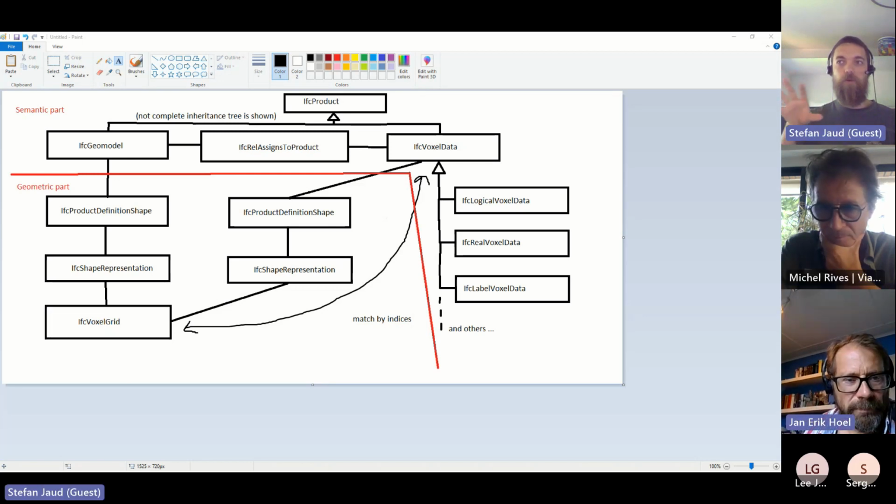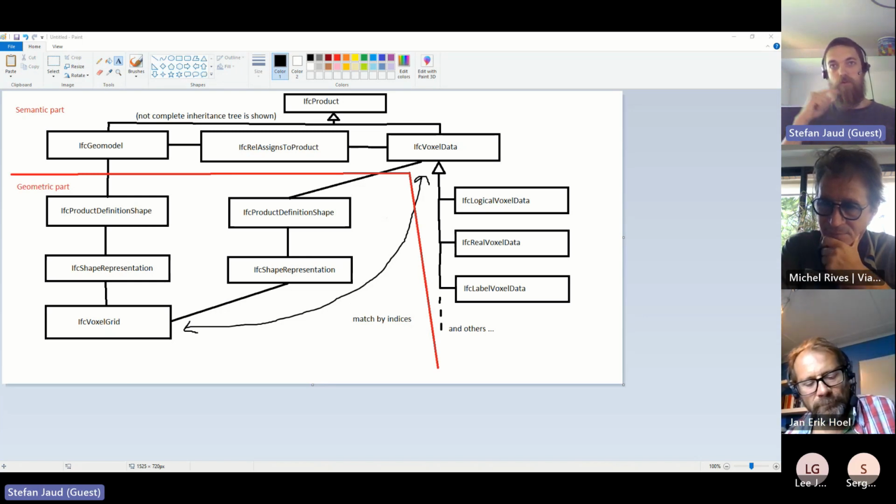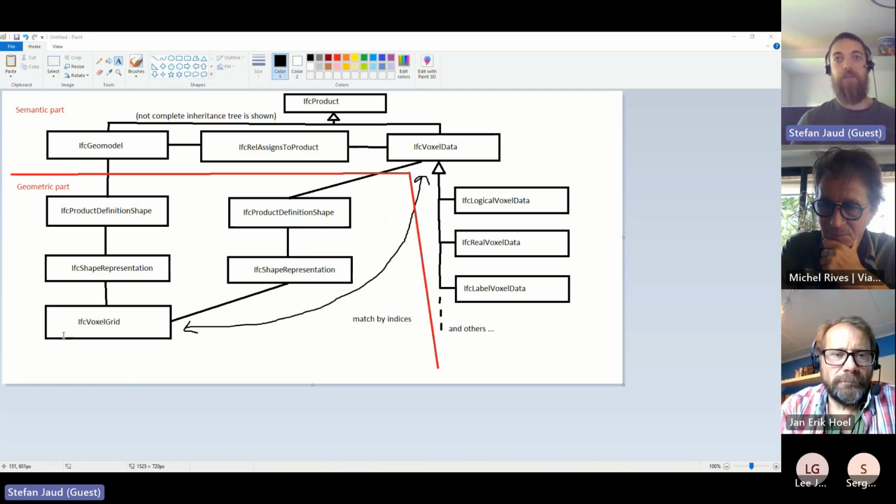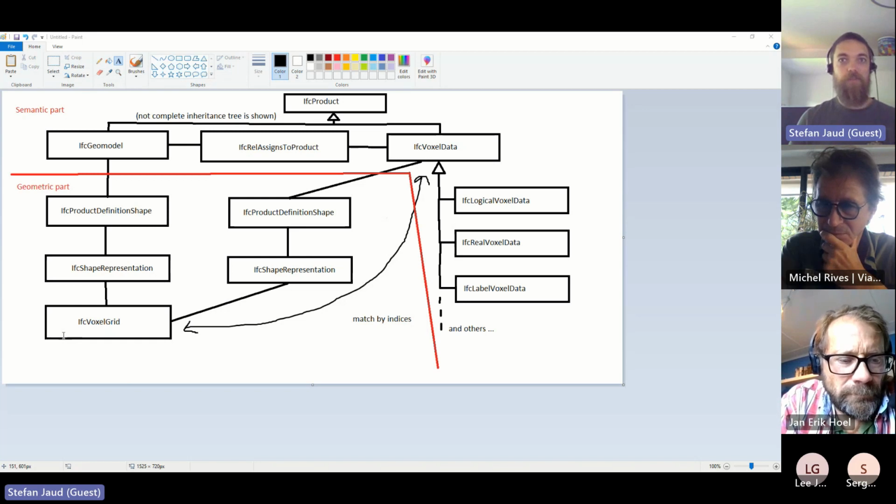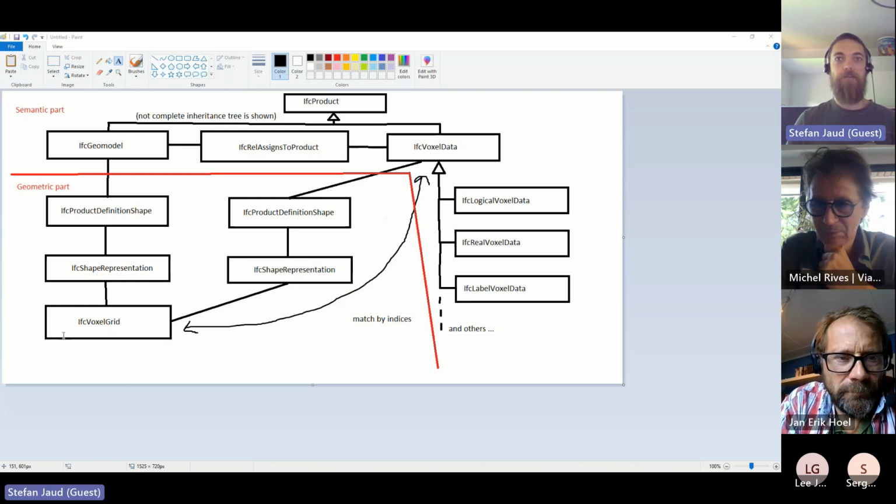So if GeoModel is being connected to voxel data, for example, that both of them point to the same voxel grid representation, this is not in the checker because it hasn't been agreed upon yet between us, the technical developers, so to say.